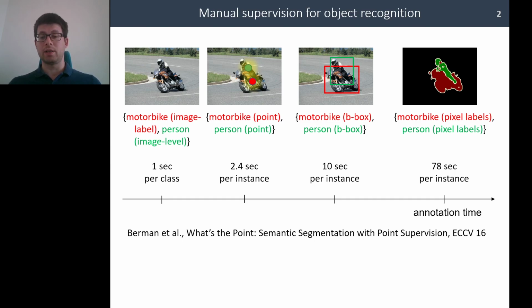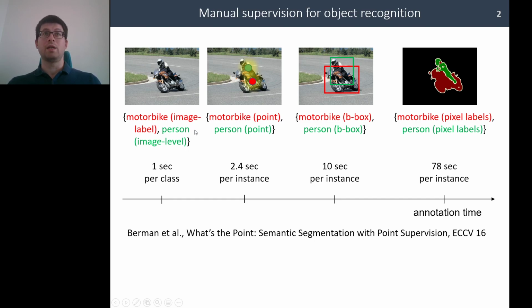So, what do I mean by annotations? We typically need annotators to feed the computer vision algorithm with some annotations. Annotations can be at different levels. For instance, for typical image classification, the standard labels are image level labels, for example, motorbike and person in this example.